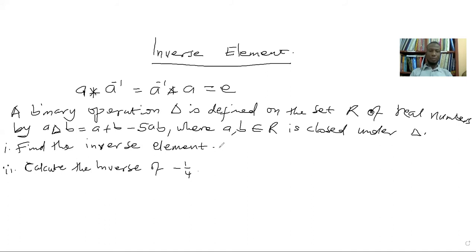All right. Remember I said at the beginning of the lesson that we have to find the identity element first before we can find the inverse element. So we are going to find the identity first.